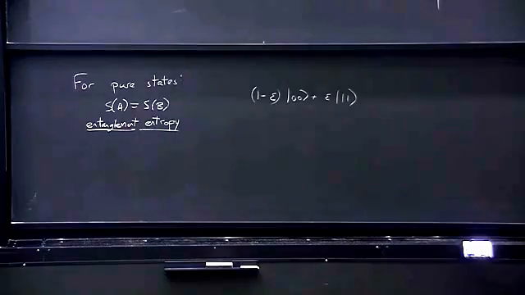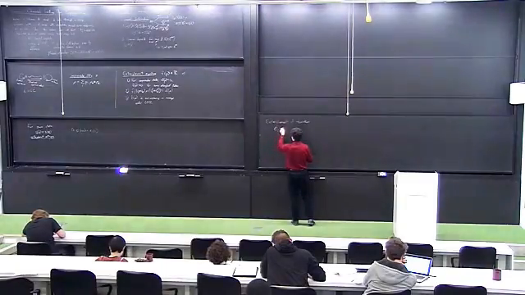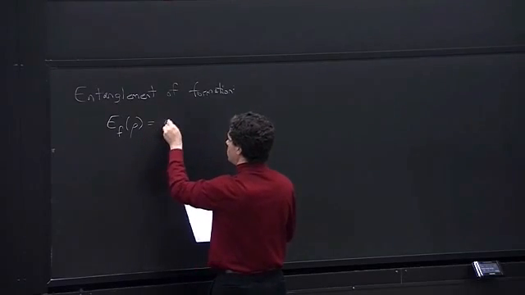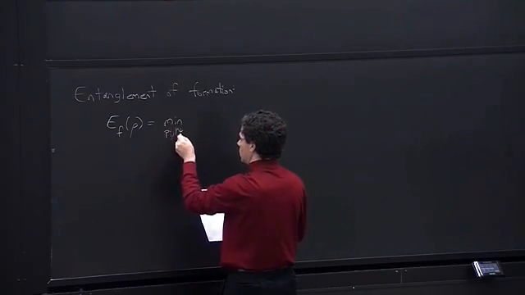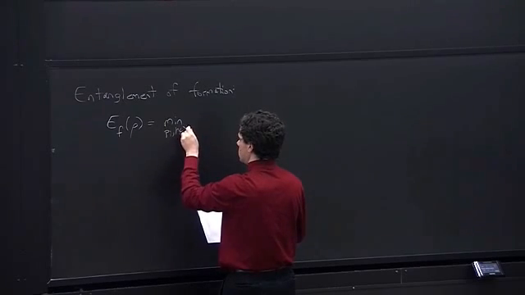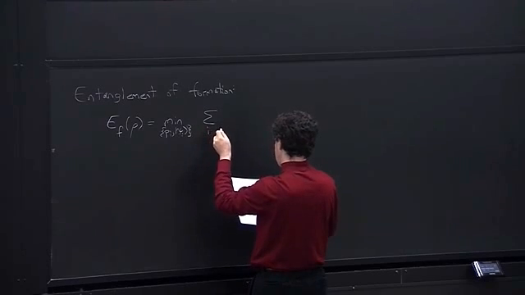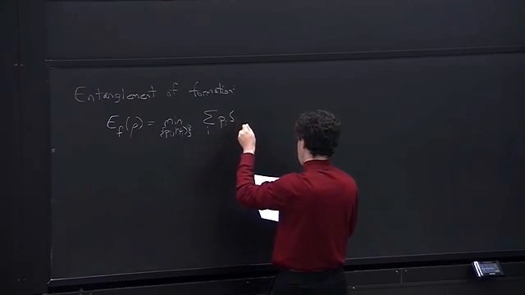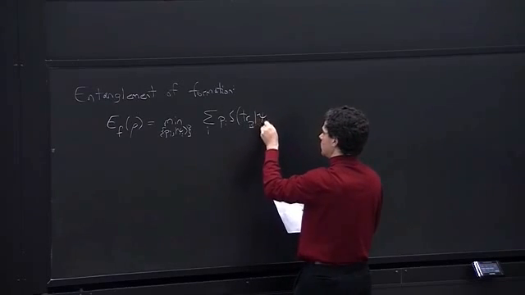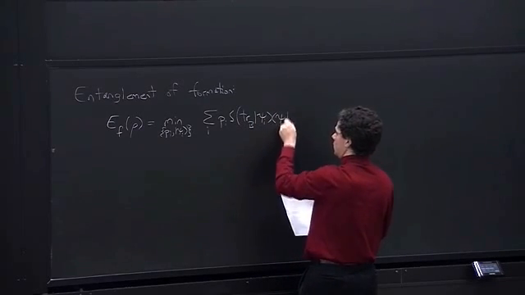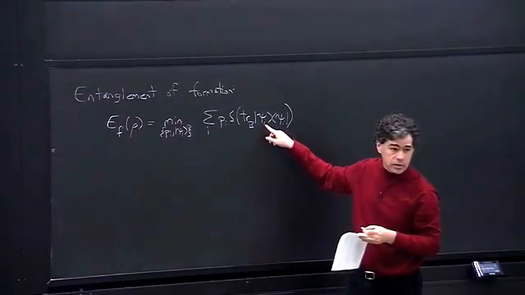So the entanglement of formation is the minimum over p_i, psi_i of the sum over i of p_i times S of A. So you see this is S of A for the state psi_i.